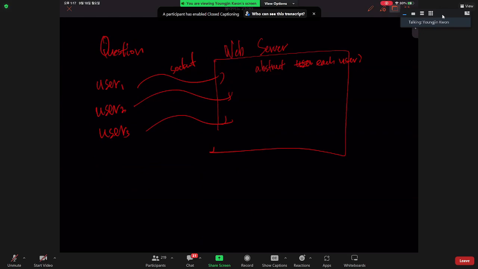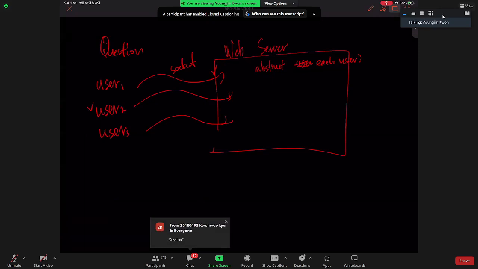For example, as a web server administrator, you want to kill some user's connection. Sometimes, as a web server administrator, you want to throttle the performance of a user. You need to abstract each user. There's some way how to. IP, file. What's the typical strategy?